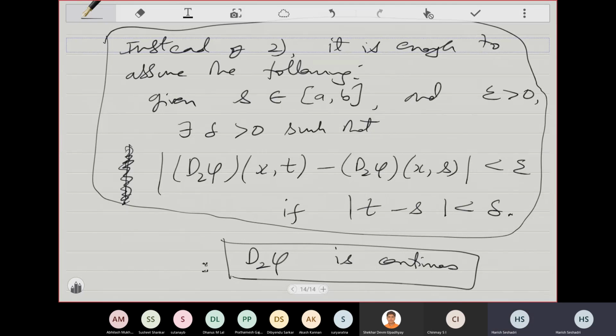Okay, so tell me, what is the obvious way that this condition is weaker than saying that D2 phi is continuous? It's just a matter of the definition of continuity. Look at the points at which these things are being evaluated in this expression here.